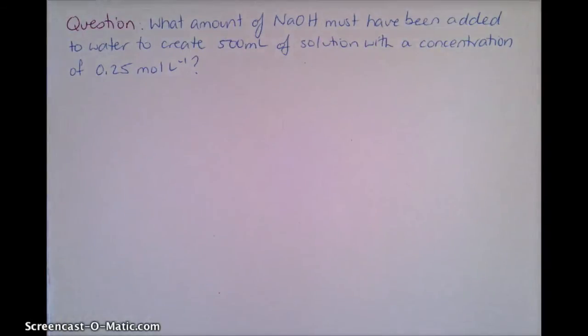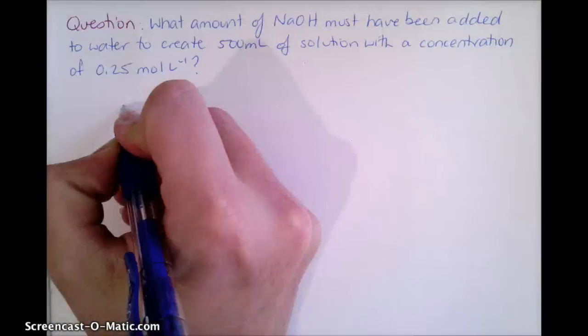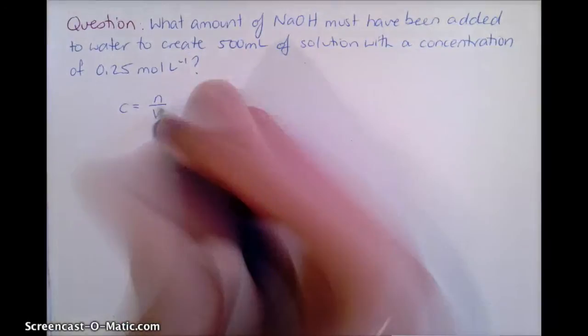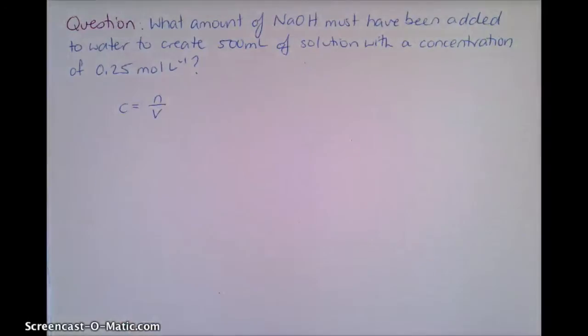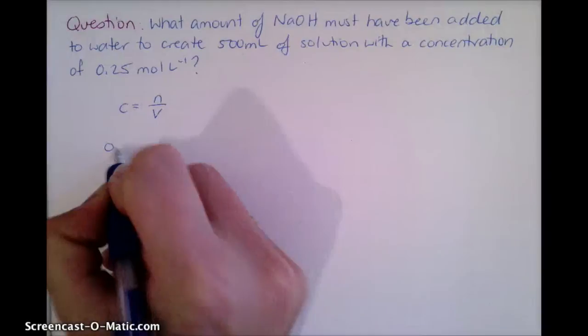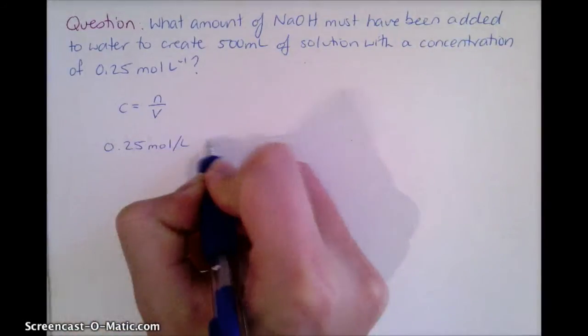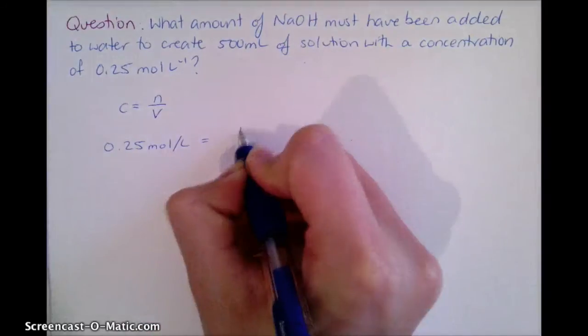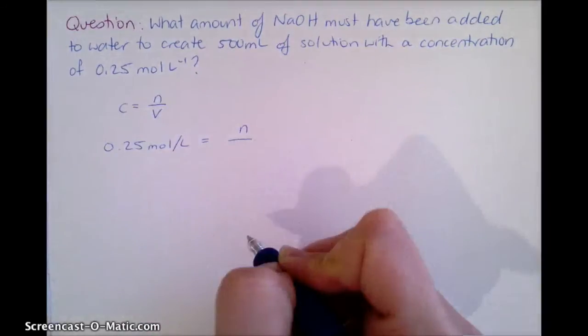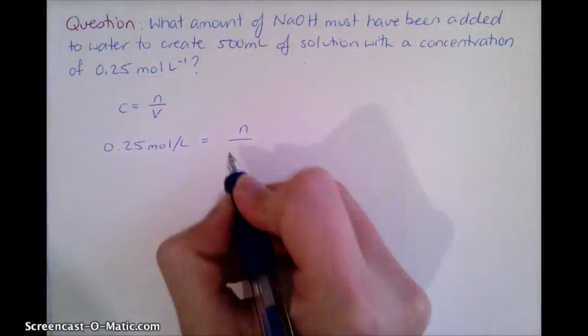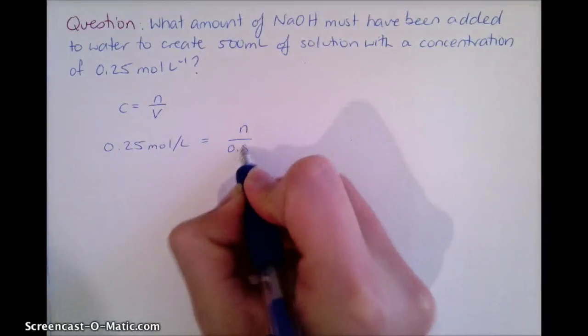So again, remember our formula for working out the concentration, or the molarity, is concentration equals the number of moles over volume. From the question, we've been told that our concentration is 0.25 moles per litre. We don't know the number of moles of sodium hydroxide at this point, but our end volume of the solution is 0.5 litres.